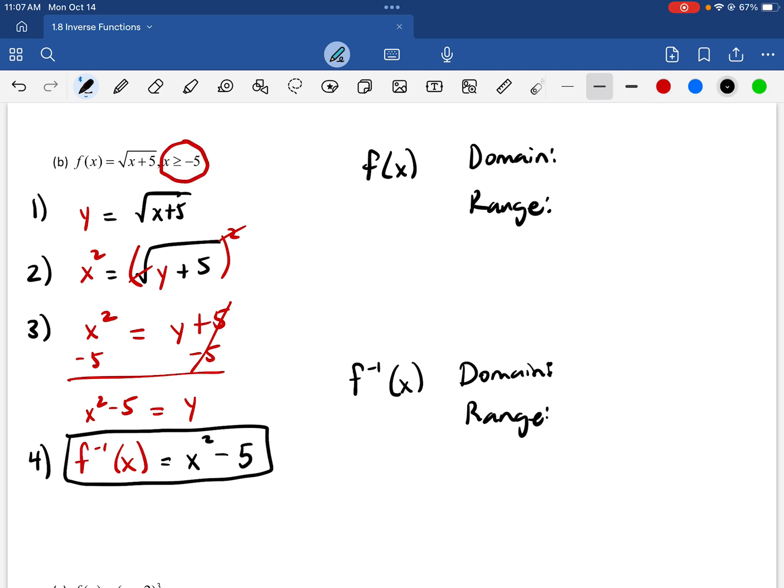It tells us that x must be greater than or equal to negative 5. So if I want to write that in interval notation, that's going to be [-5, infinity). With that being said, that makes the range of the inverse negative 5 to infinity.